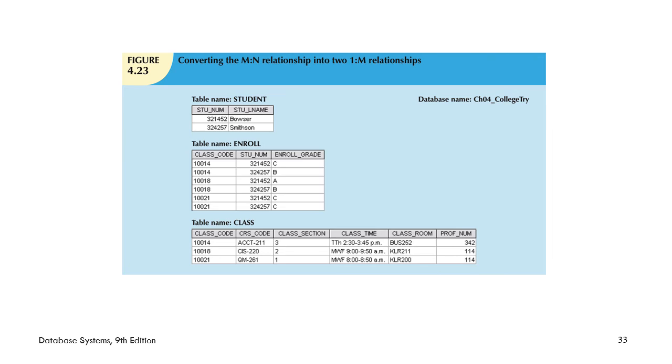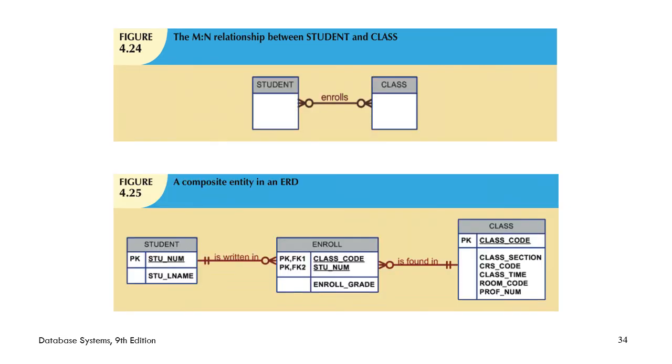This is the conversion. We will go deeper into normalization later. This is the concept of how we should convert a many-to-many relationship into one-to-many relationships. For example, this is an illustration of how the composite entity is created.